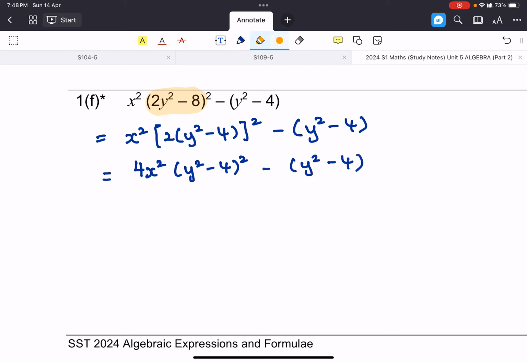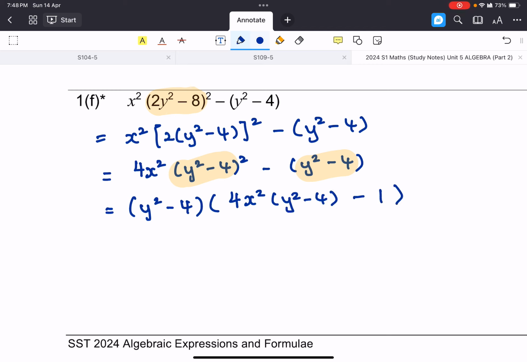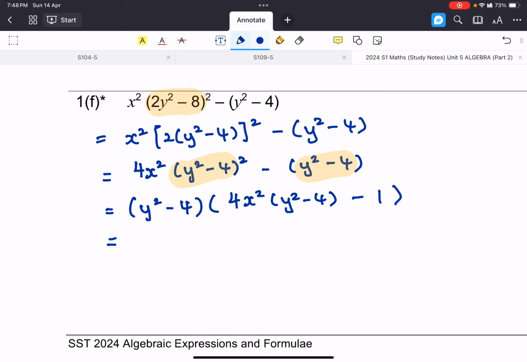Now here, y squared minus 4 is common. So let's extract that. So we have y squared minus 4, and then we will end up with 4x squared, y squared minus 4 minus 1. Now y squared minus 4 is y squared minus 2 squared, which gives us y plus 2, y minus 2.